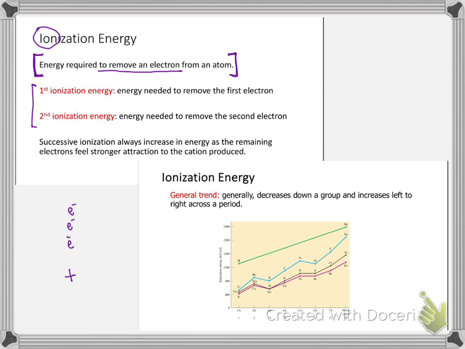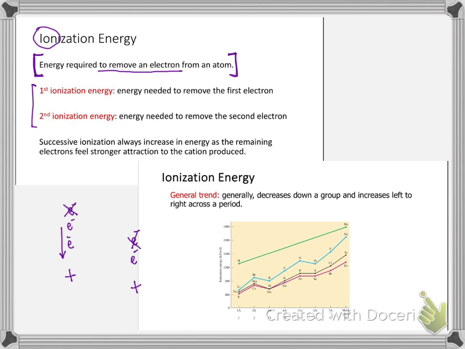If you remove one electron, all of these electrons get pulled in tighter, a little bit closer to the nucleus, because the positive charge is able to draw the electrons in more. If I remove another electron, it gets harder because the remaining ones got pulled closer to the nucleus.